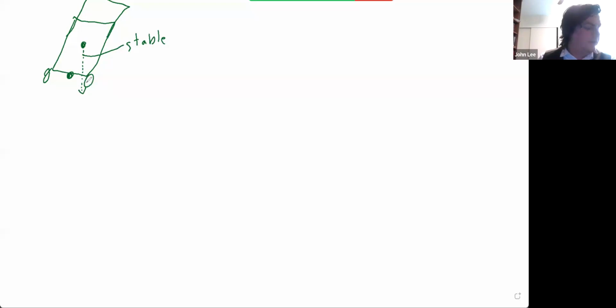There's not going to be a torque pulling it down to the side because this center of gravity is going to be above the area where the wheels are going to be pivoting.